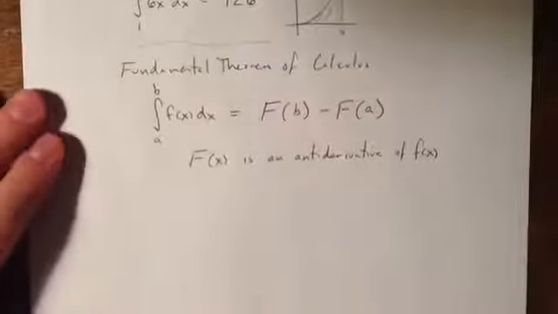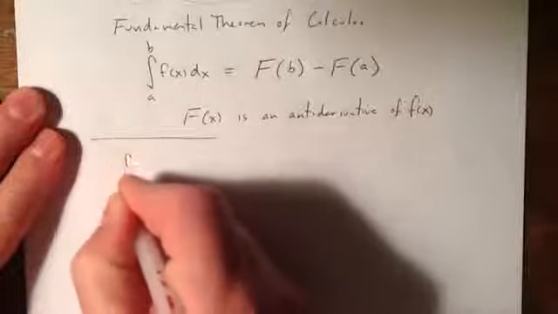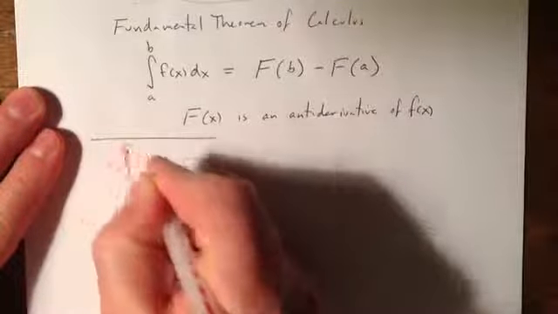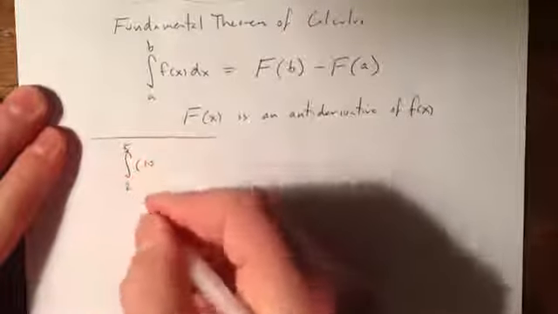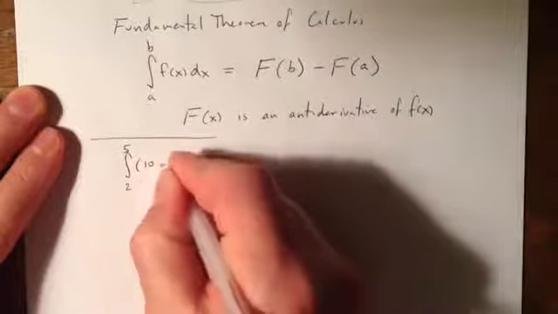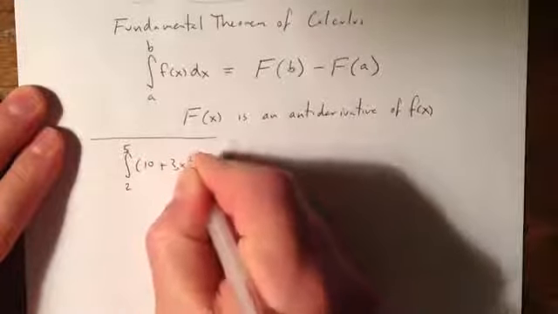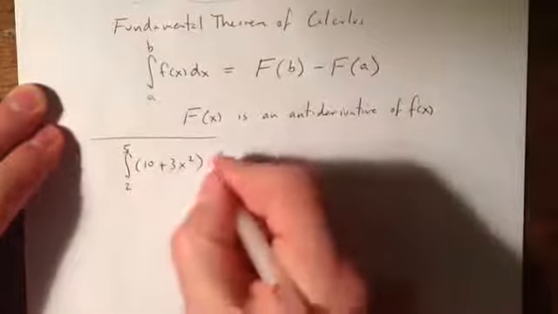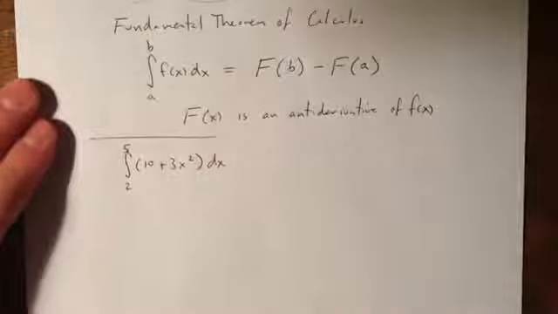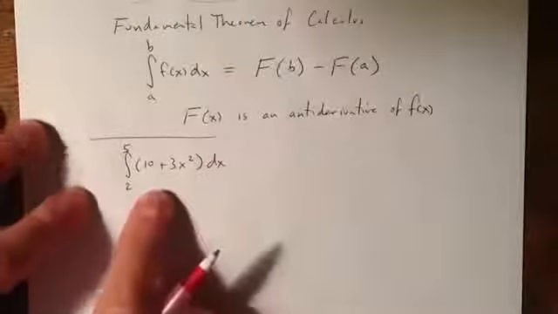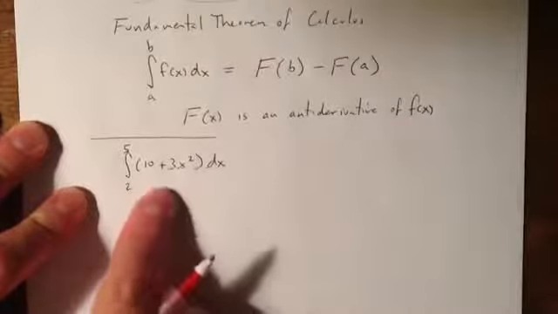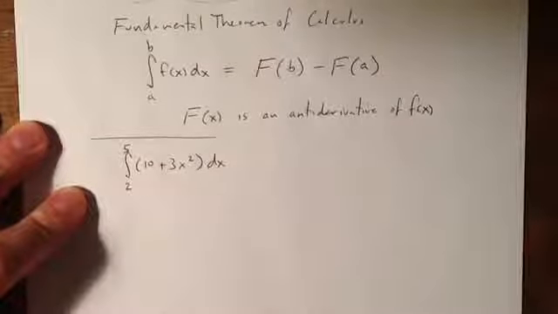So to look at another quick example, the integral from 2 to 5 of, let's say, 10 plus 3x squared dx. So this represents the area under the curve. This is a non-negative function on that interval.